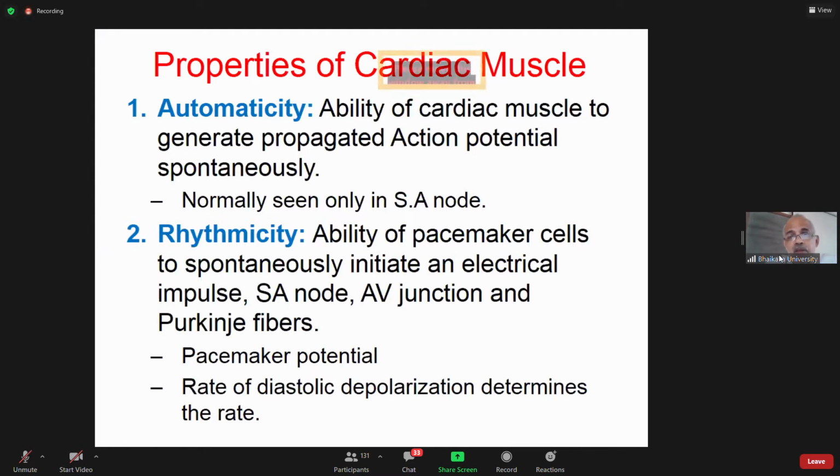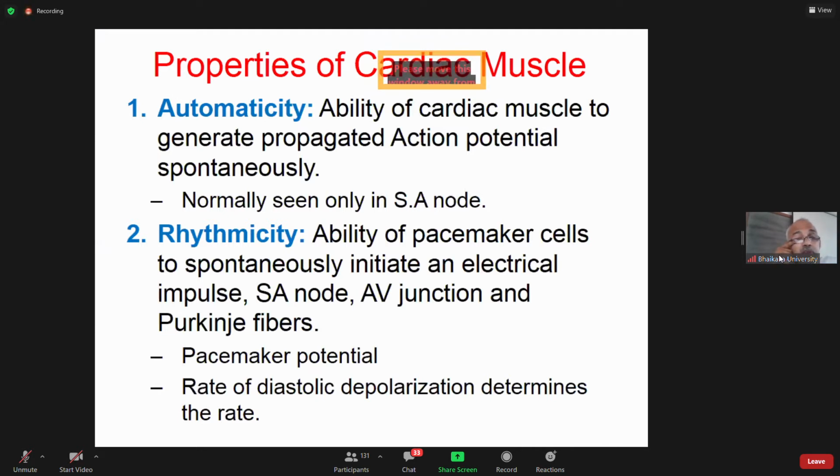The automaticity property is there with Purkinje fibers as well. They can generate impulses rhythmically. Rhythmicity is also a property which refers to this.